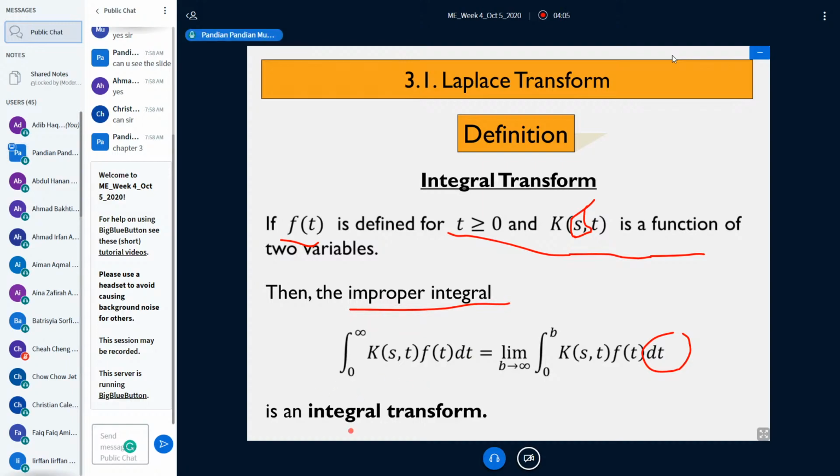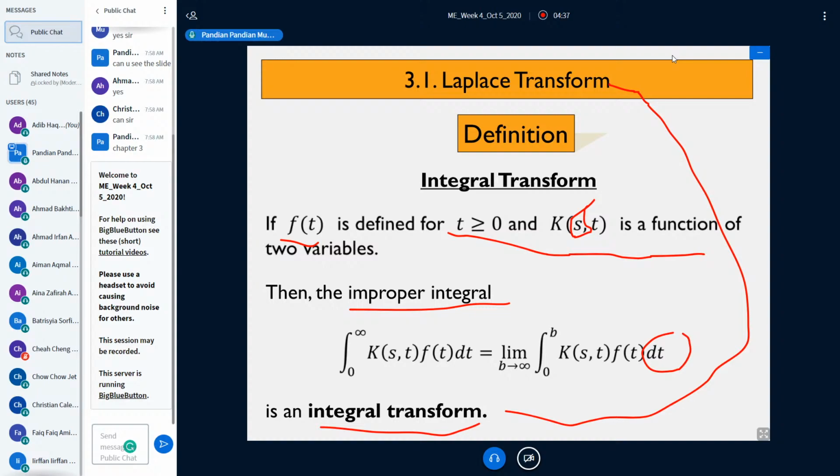The integral of K(s,t) f(t) dt from 0 to infinity equals the limit as b approaches infinity of the integral from 0 to b of K(s,t) f(t) dt. This is called an integral transform. So from integral transform, we create Laplace transform.